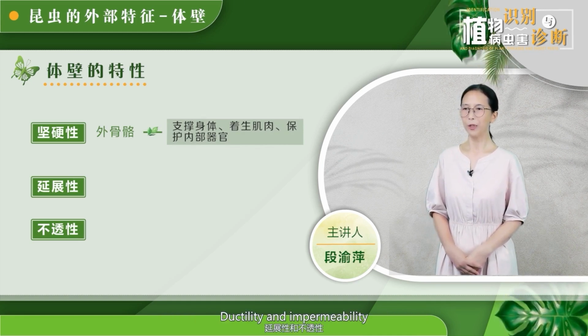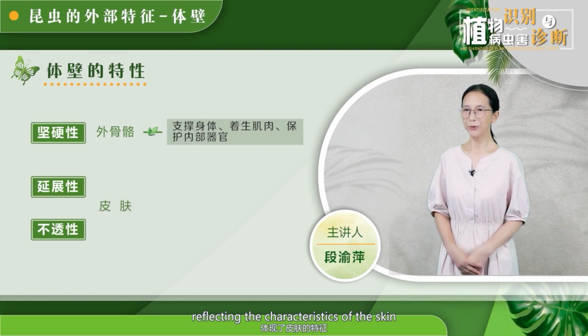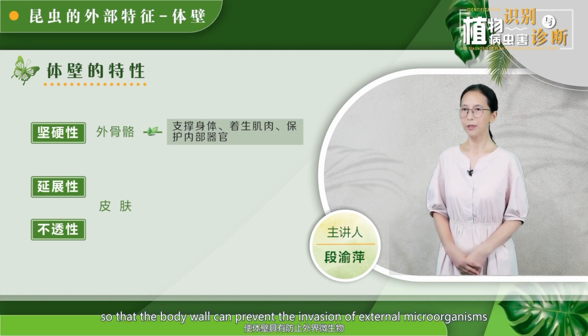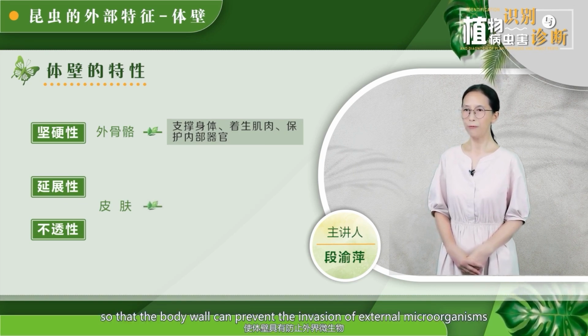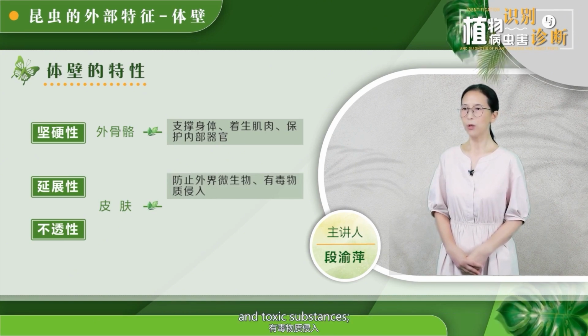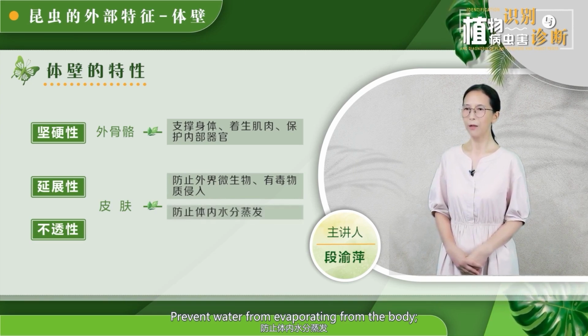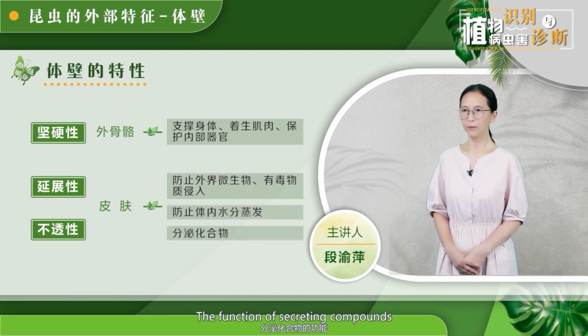Ductility and impermeability, reflecting the characteristics of the skin, combined with the structure of each layer, enable the body wall to prevent the invasion of external microorganisms and toxic substances, prevent water from evaporating from the body, and secrete compounds.